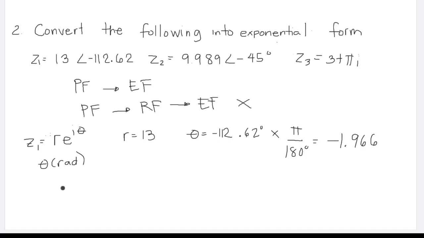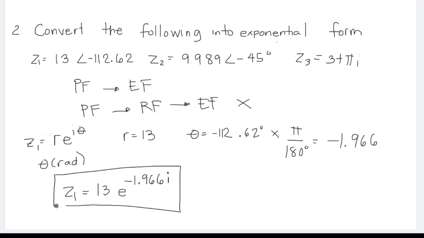So meaning our exponential form is equivalent to 13 e to the negative 1.966i. Again, don't forget the i, since that is a complex number. If we forget the i, it will become a real number only. So that is how we convert from polar form to exponential form.